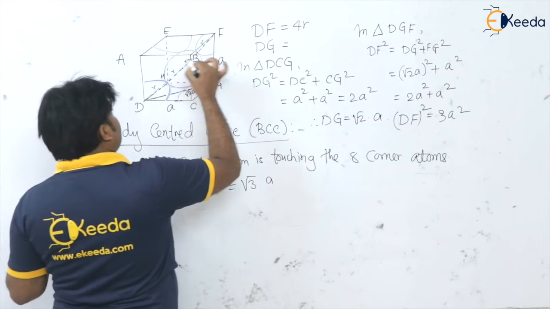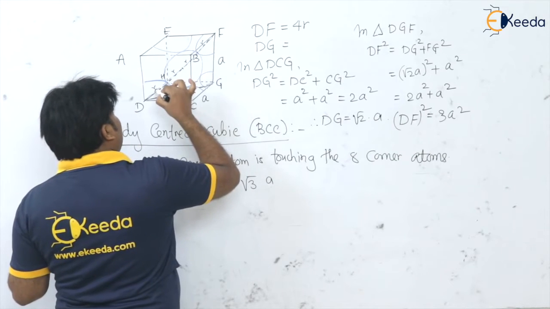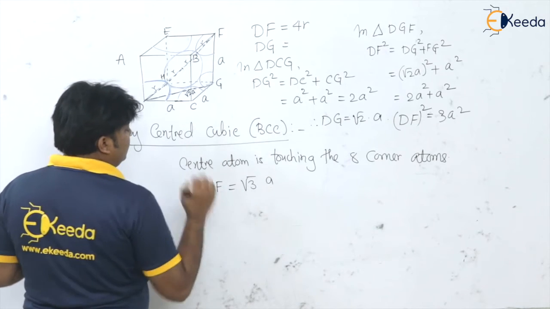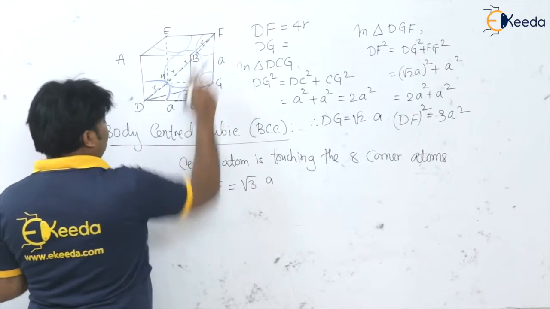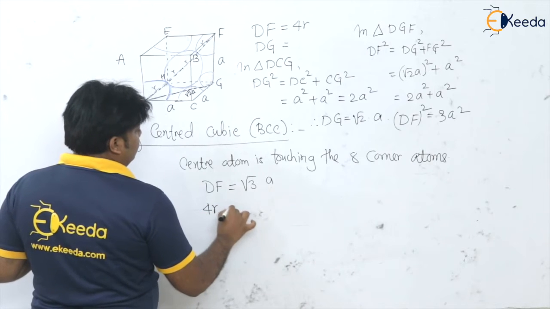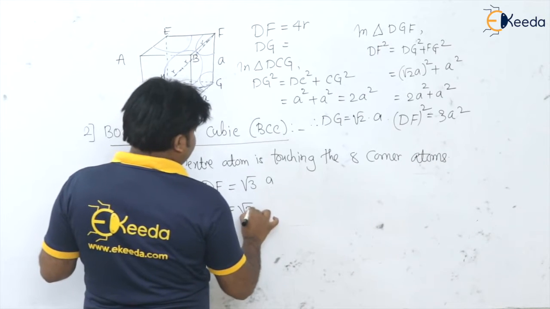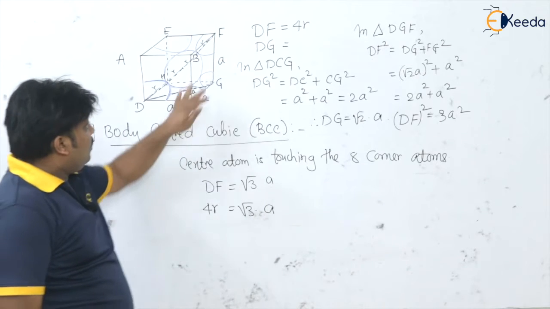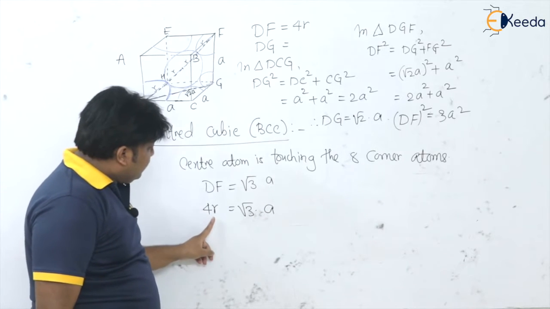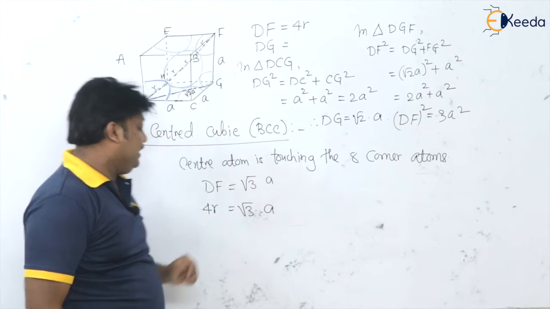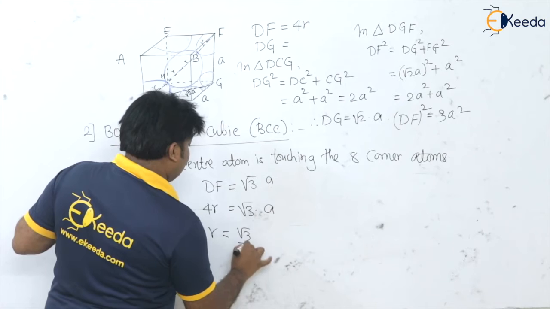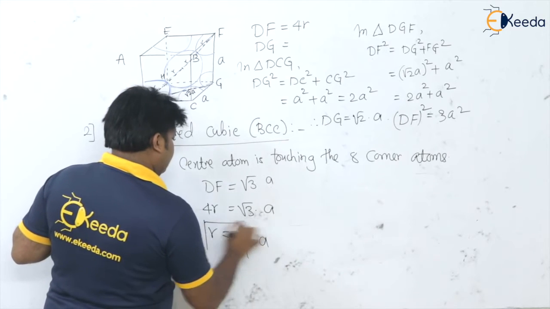So you get here this value, R plus R plus R plus R, which is nothing but DF, is equal to how much? So DF is how much? 4 times R is equal to root 3 into A. So see, for BCC you got this relation between R and A as R is equal to root 3 by 4 times A. Very important.